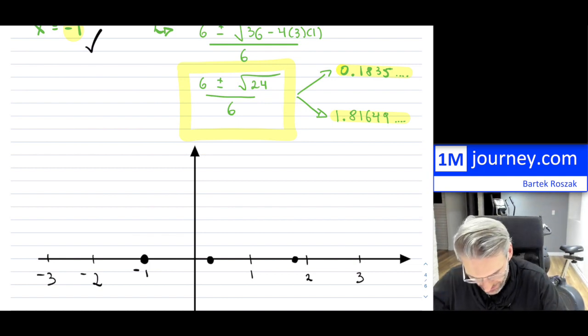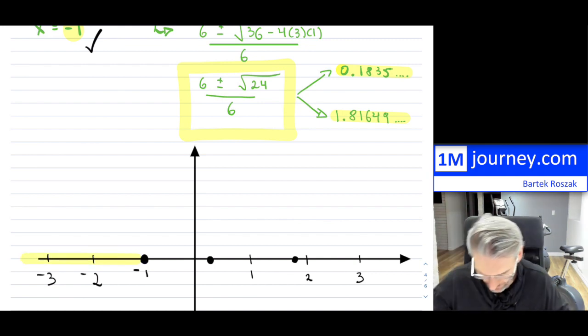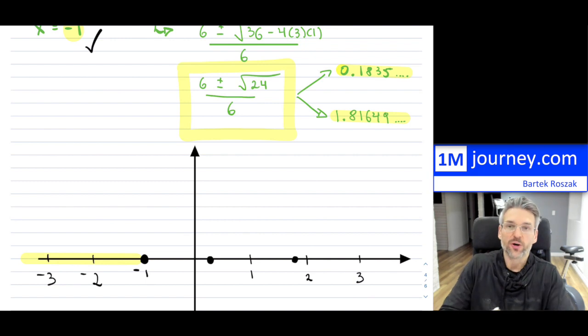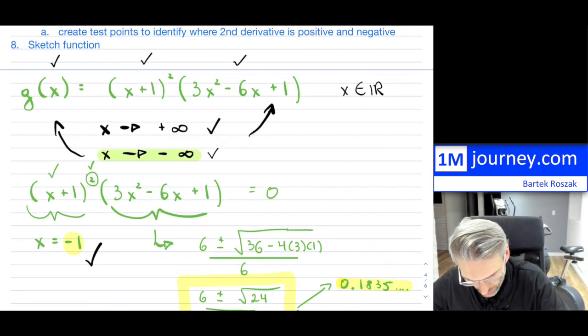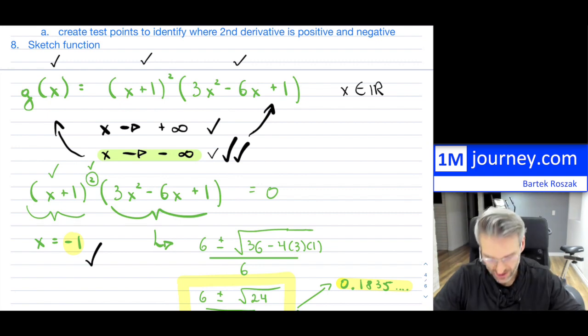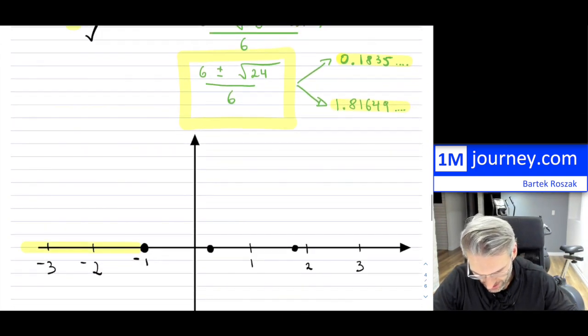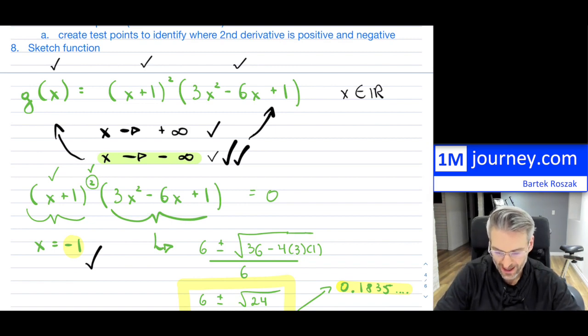Now, my tests are going to be on the left of -1. I actually already know what's happening there because that's exactly what I did over here. As x approaches -infinity, I know that this has blown up on the positive side. So if I take a test point, let's say -2, and substitute it in here, what I'm going to get is something which is going to be positive.